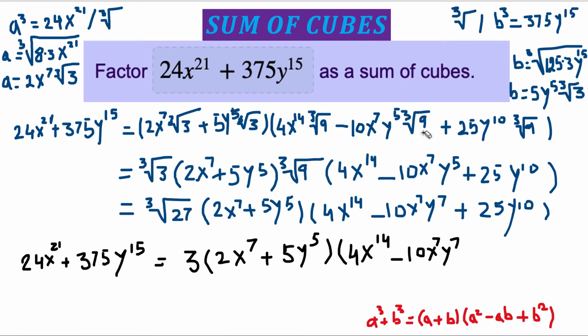Just let me erase this because here I wrote for some reason 5 because I'm rewriting here 5 and here is 5. And it's a plus 25 and the exponent y to the 10. So this is the final answer.